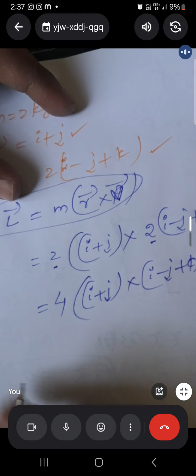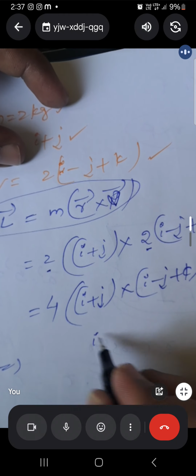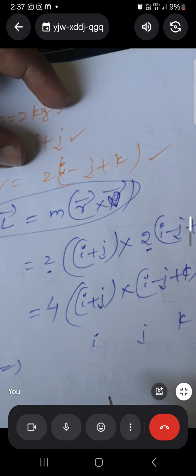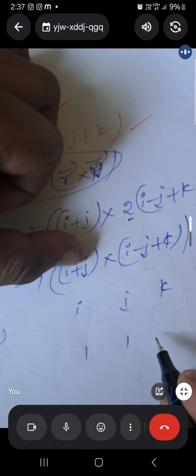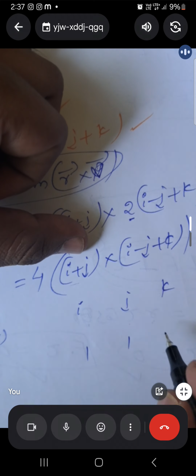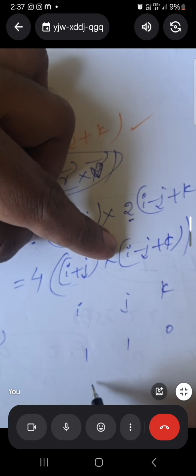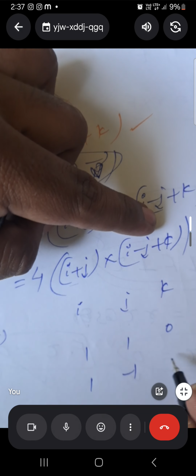To complete this cross product, take the determinant with i, j, k. In the place of i, the component is 1, j component is 1, and k component is 0. The second row is 1, minus 1, 1.